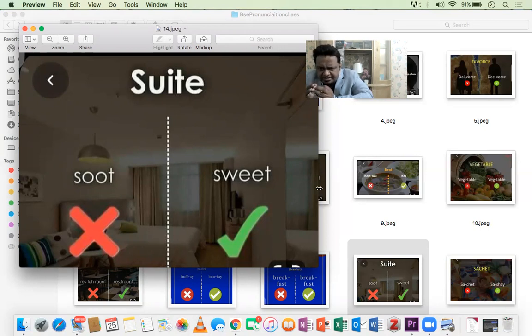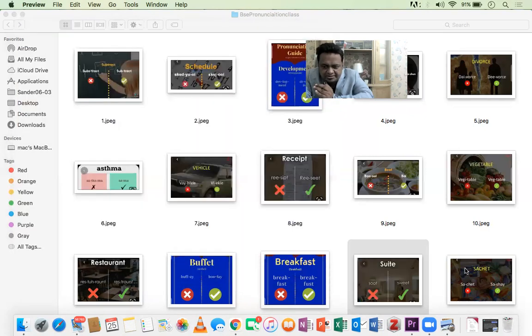And if someone says I want some sweet in my coffee or tea, obviously that has to be the sugar, not the hotel room. So you have to understand by the context. And let's see what we got next.